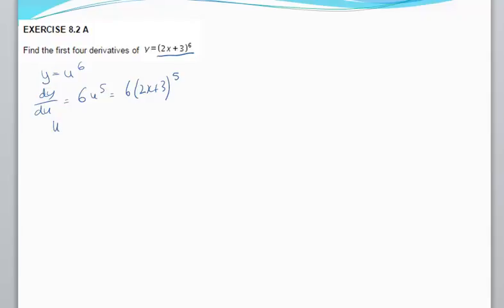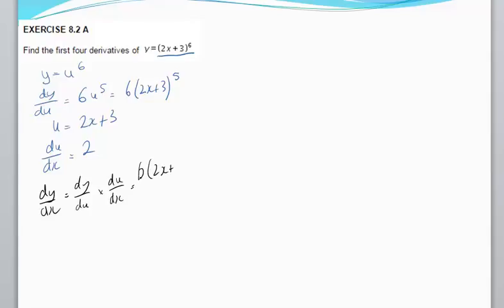And we know u is equal to 2x plus 3, du on dx is equal to 2. So dy on dx is dy on du multiplied by du on dx, so 6 multiplied by 2x plus 3 to the 5 multiplied by 2. This becomes 12 times 2x plus 3 to the power of 5.